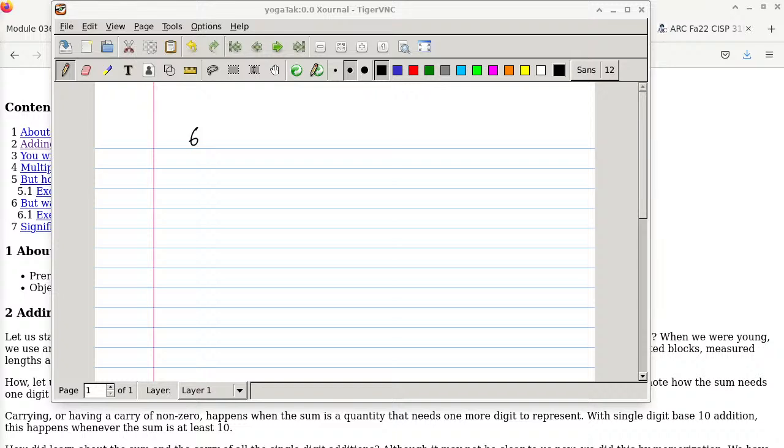Oh, this doesn't work. It's still offset, and I don't know why. Let me see. I think I know how to fix this problem. Let me give this a try and see whether the problem is fixed. Give me a second here. The resolution of the projector is not the same as the resolution of my built-in screen, so I think there might be a scaling issue because of that.